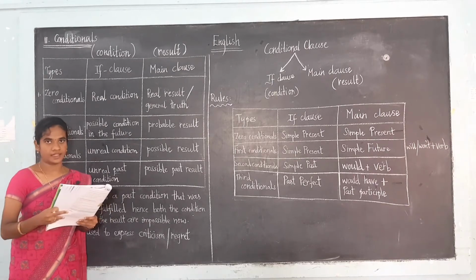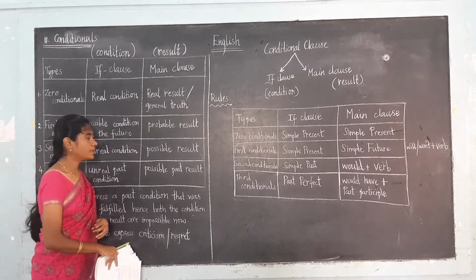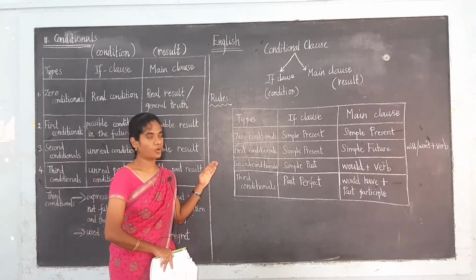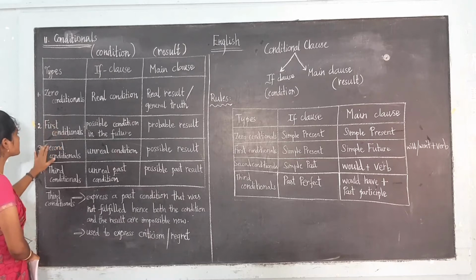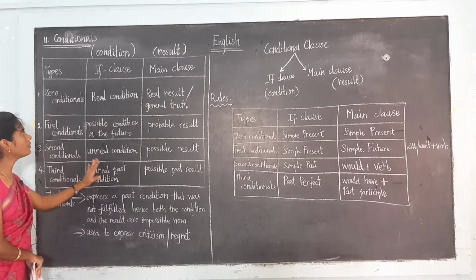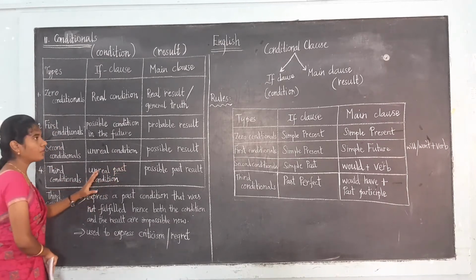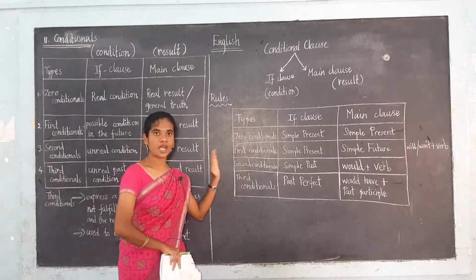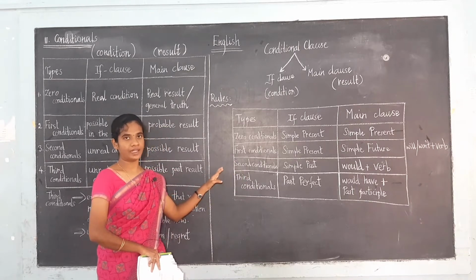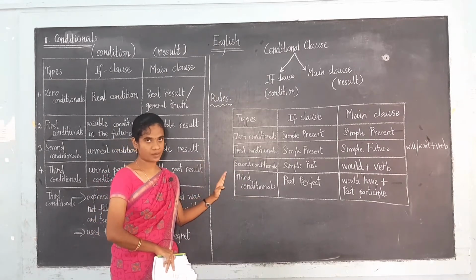Now there are certain rules to be followed. We have understood what the zero conditional, first conditional, second conditional and third conditional are and for what purpose we use them. Now we are going to learn certain rules. These are the rules you have to follow while writing the if clause. This is a most important rule.